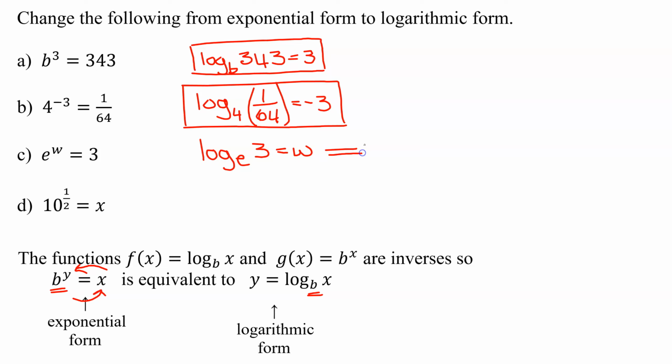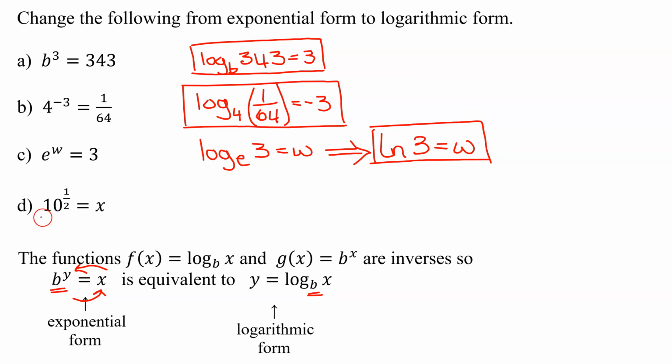No, that is the natural logarithm. If the base is e, it's the natural logarithm, which we just write as ln of 3 equals w. So we would read this, the natural log of 3 equals w, and that is the logarithmic form.